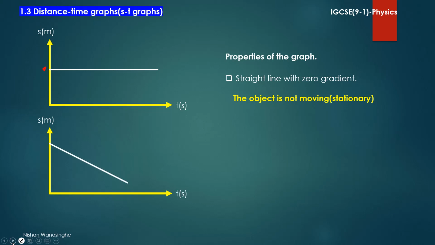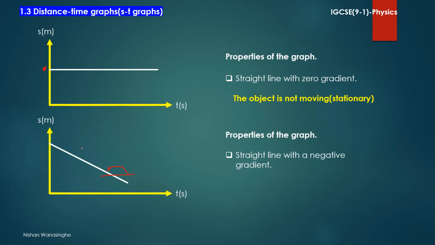Okay. This is also a straight line, but what is the difference? This is a straight line with a negative gradient. How do you check whether it is a negative gradient? Draw a horizontal line and check this angle. This angle is what? An obtuse angle.